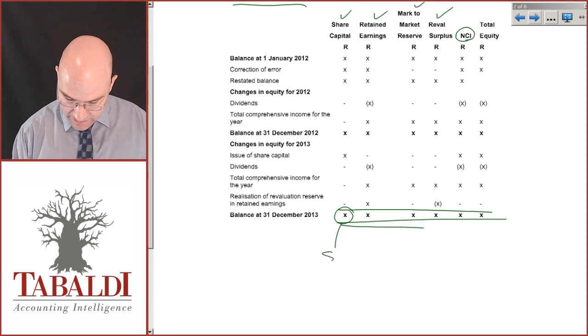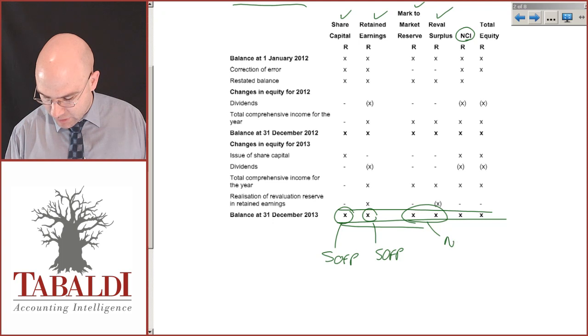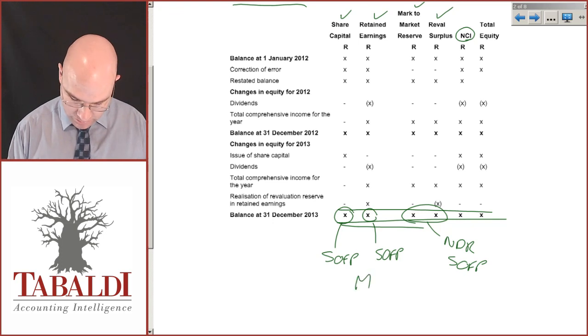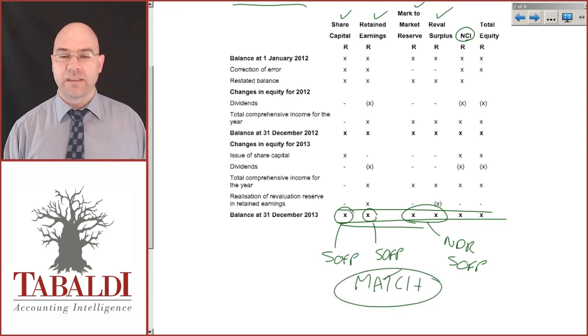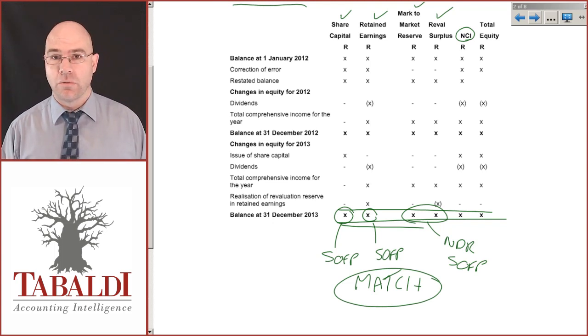And those will go to the statements of financial position. These other reserves will go to, well, both the mark-to-market and the reval surplus or non-distributable reserves in the statements of financial position. They must match. Okay? They must be equal, the same figures. If they're not, because you've done something silly, you may lose a presentation mark.